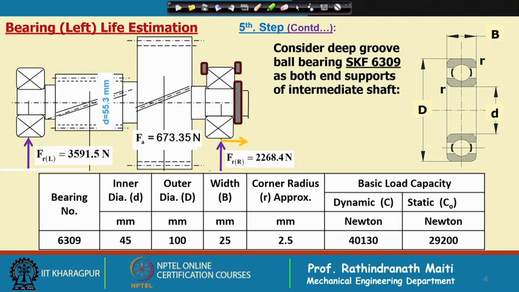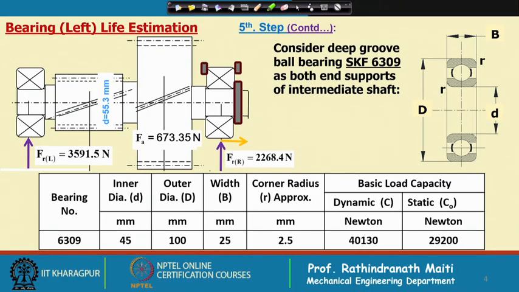This information is also important, because while we are finishing the corner, the steps of the shaft, this dimension we should take care of. At that corner, radius should be less than 2.5. We shall discuss this in details while we make the detailed drawings or the assembly drawings.